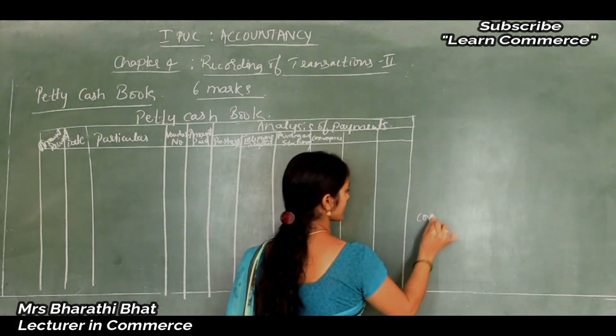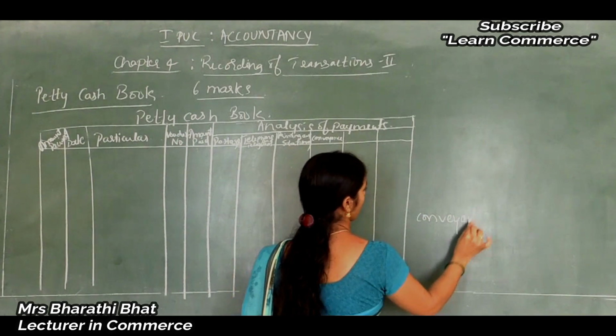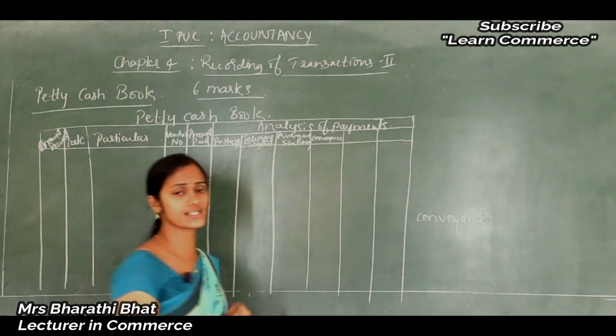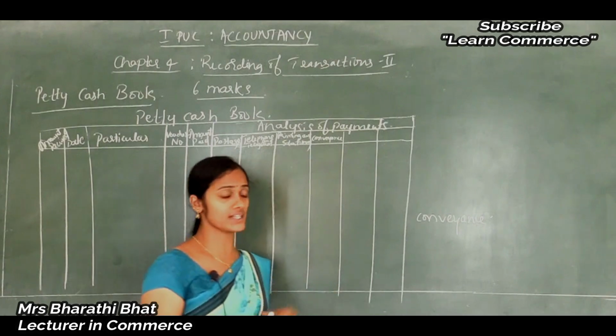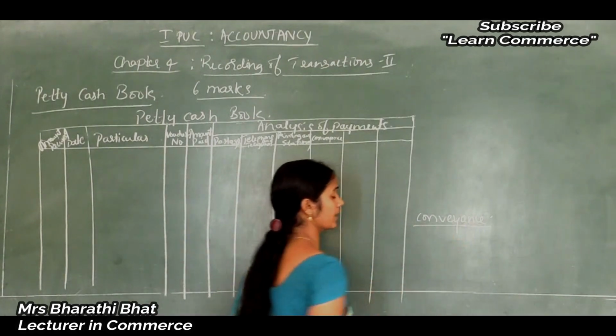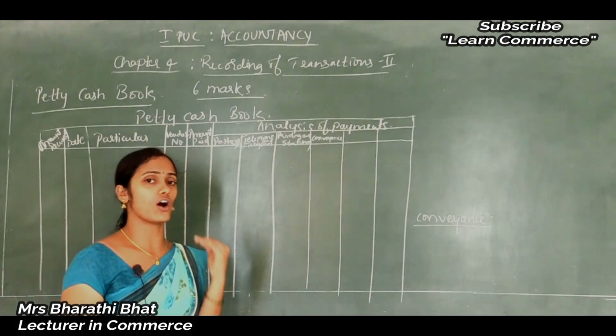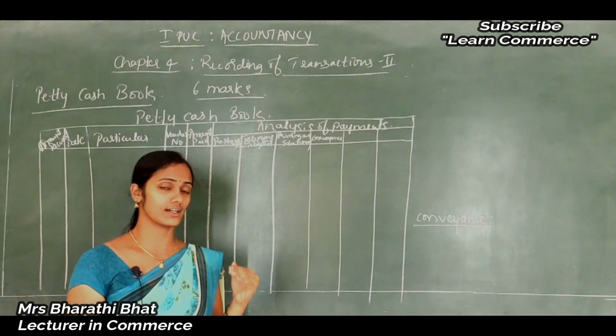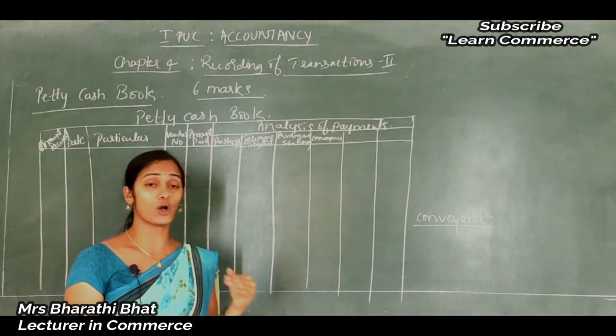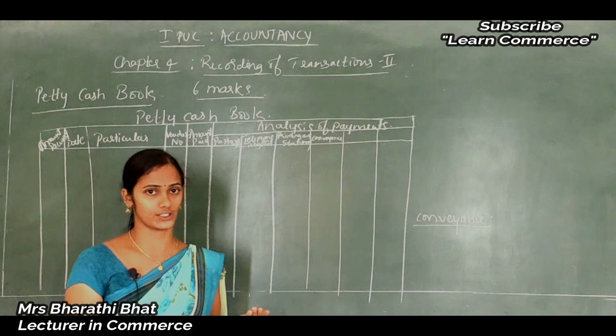In this conveyance column we need to record all the transactions like amount spent for transportation and all, okay.